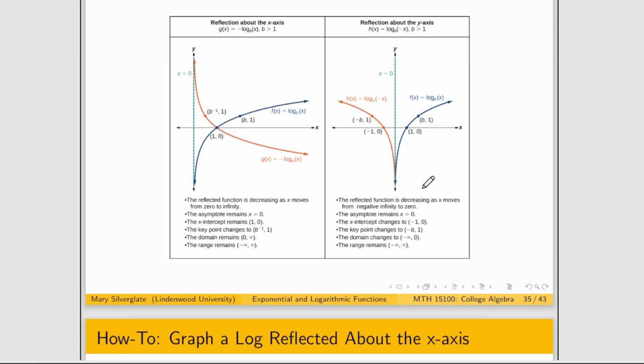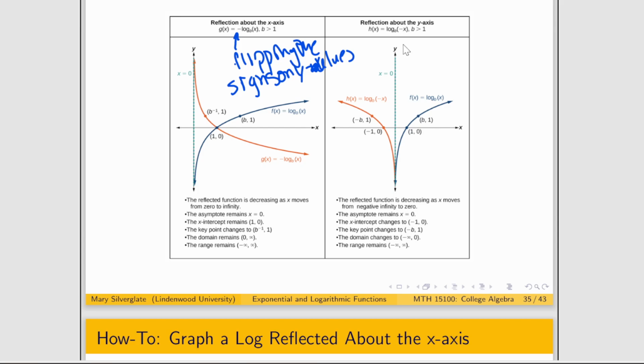And these reflections are exactly what we're going to get into now. So the way that you reflect over the x-axis, like always, is where you multiply a negative on the outside of the function. That ends up flipping the signs on the y values. It's also called a vertical reflection for that reason.